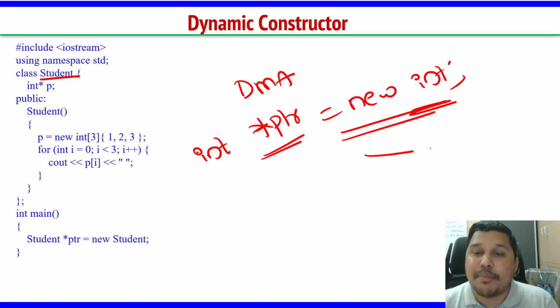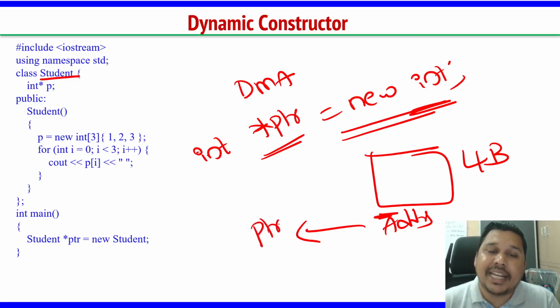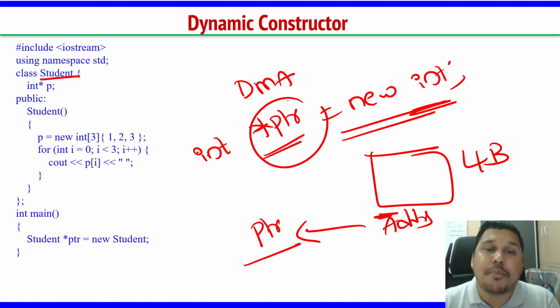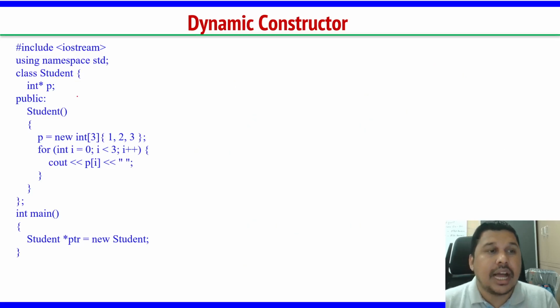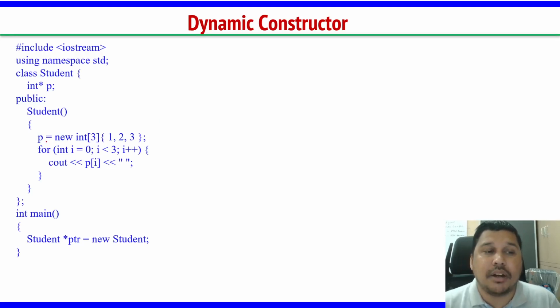It is creating a memory block of size 4 bytes and the address of this memory block is assigned to the ptr variable. So definitely I have to use a pointer variable only. See, I have a pointer variable in the class. For that I have to allocate memory, and I am doing it using this dynamic memory allocation technique.